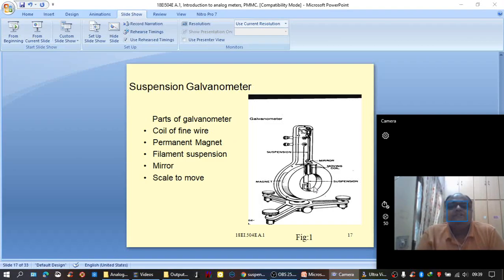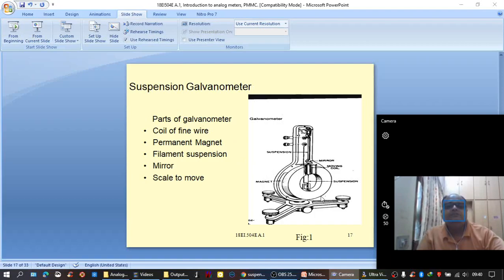The various parts of a suspension galvanometer are coil of fine wire, as you can see here. A fine wire is wound on a cylindrical iron core, and a permanent magnet.